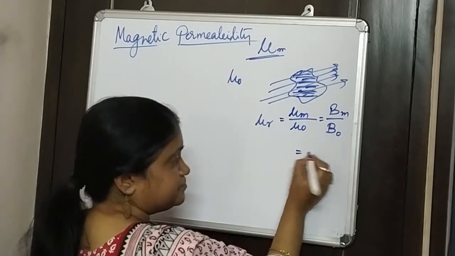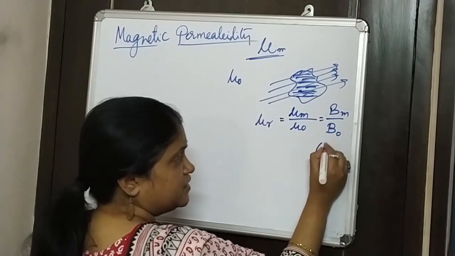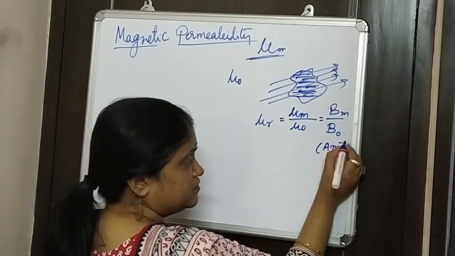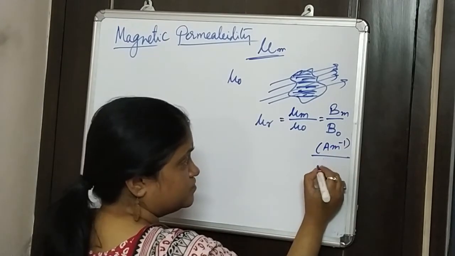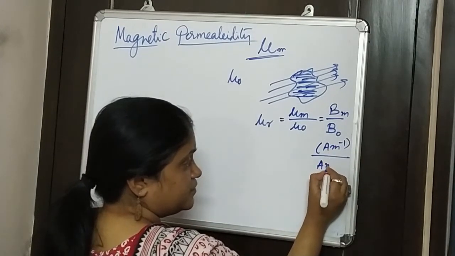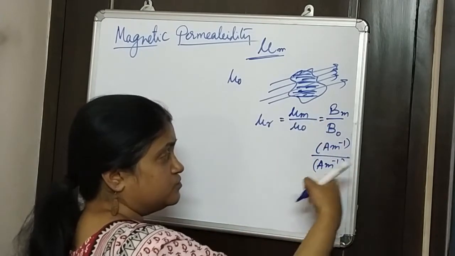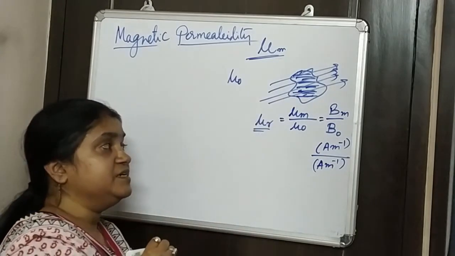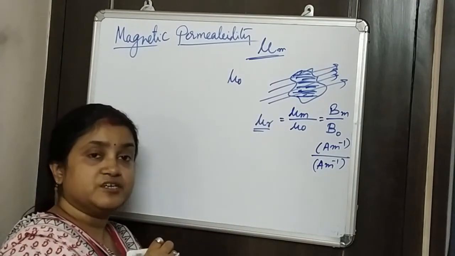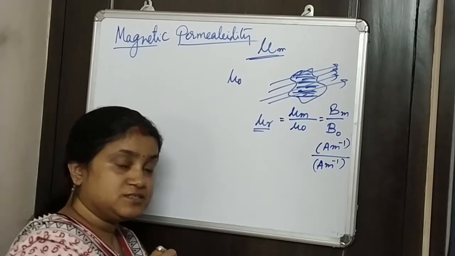The unit of permeability is ampere per meter, but the relative permeability is a ratio and doesn't have any unit.